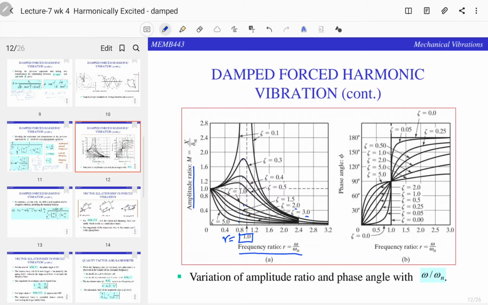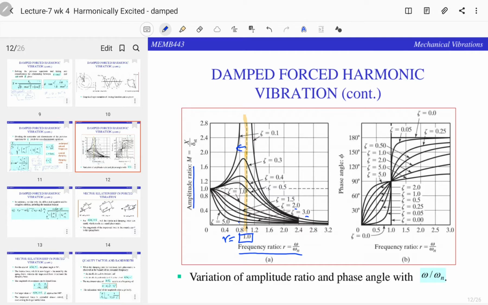If you go straight to this line here, at r equals 1, you can see that very near that line there's a peak, but it is slanted a little bit, skewed a little bit to the left-hand side of this line.